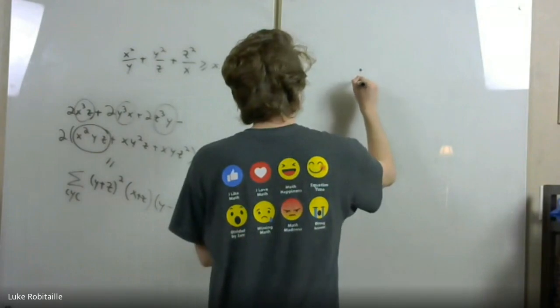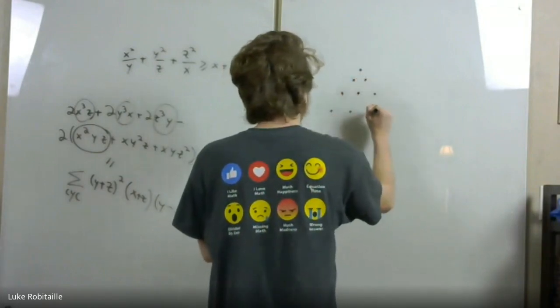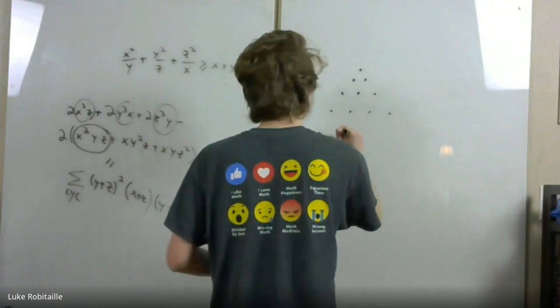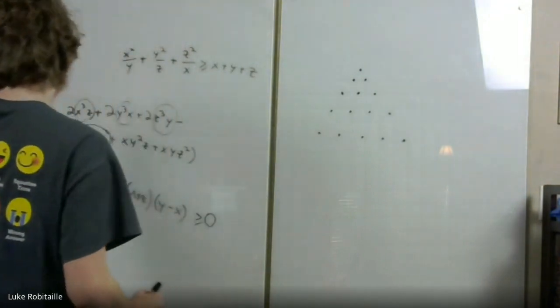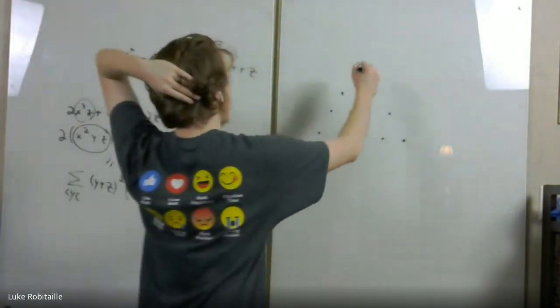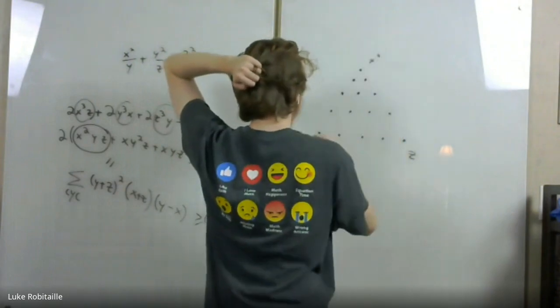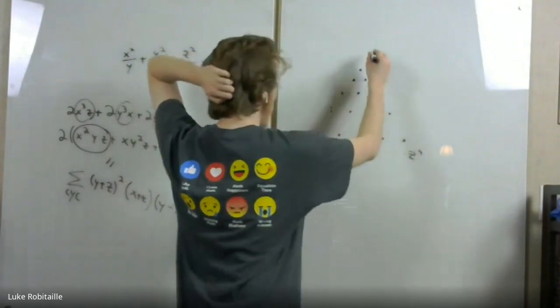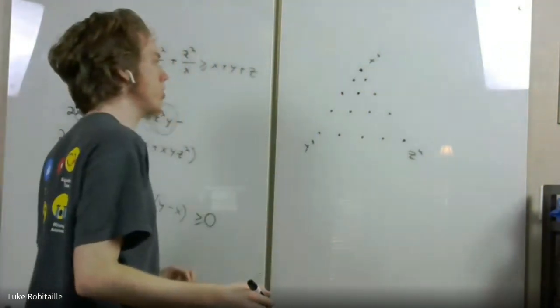So okay, let's look at it like this. It's a useful way of helping to do computations in some problems. We're going to look at it as, let's say x at the top, y over here, z over here. The number at this top point will represent the coefficient of x to the 4.